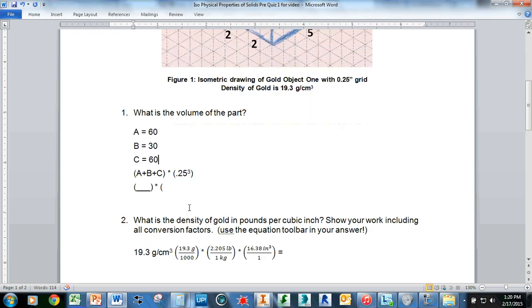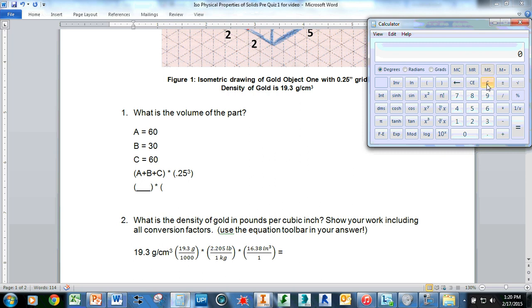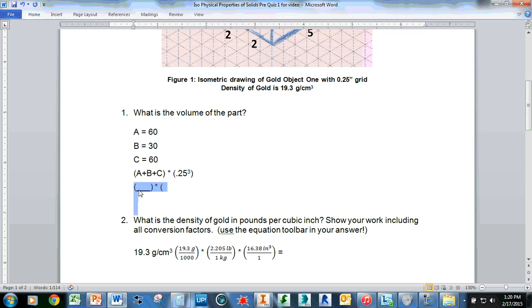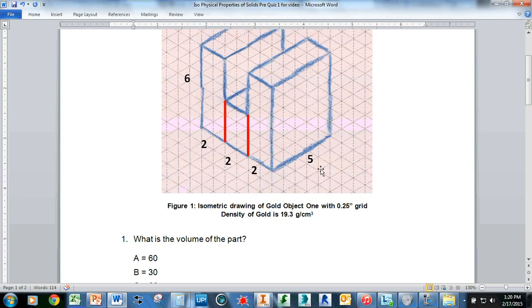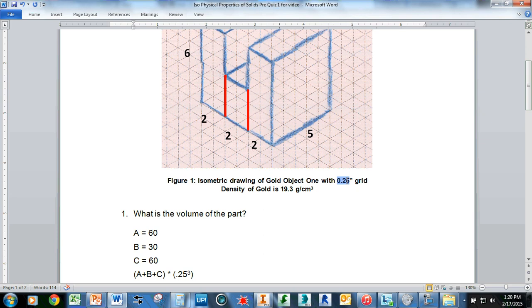We're going to have to add all of those up. So adding up our total number of cubes, we have 60 plus 30 plus 60 comes out to 150. So adding all those up, it's going to be 150 times 0.25 cubed. The reason why we're saying 0.25 cubed is that I've told you that the linear distance for each one of these is 0.25 of an inch. 0.25 is a quarter of an inch.